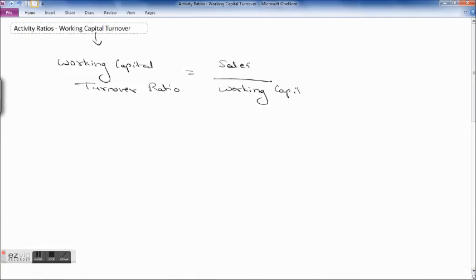So what is working capital? Working capital is your current assets minus current liabilities.